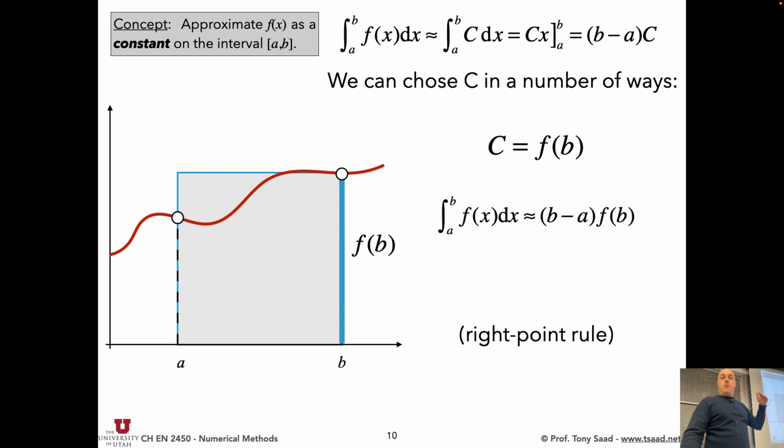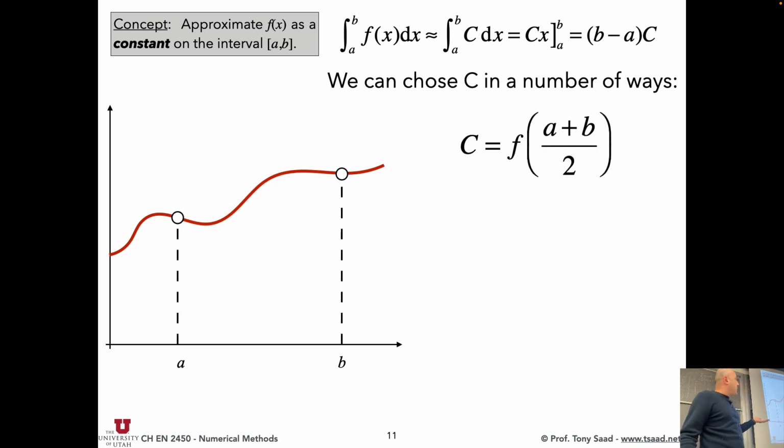One popular choice, f of (a plus b)/2, is the midpoint rule. So you take the midpoint, (a plus b)/2, and approximate the function by the value of the function at (a plus b)/2. And that gives you this rectangle.